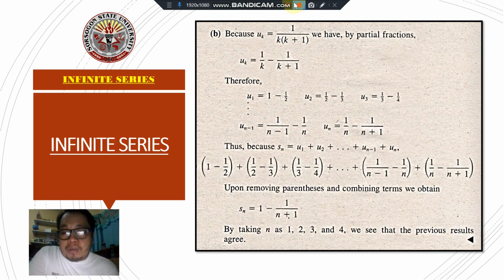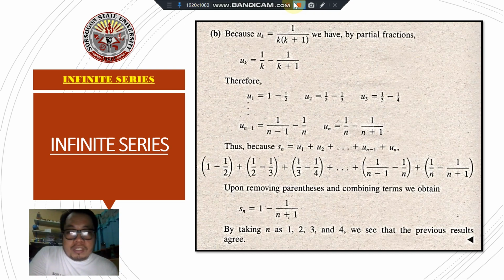So here we have used the decomposition of partial fractions. That is the reason why 1 over k times the quantity k plus 1 becomes 1 over k minus 1 over k plus 1.